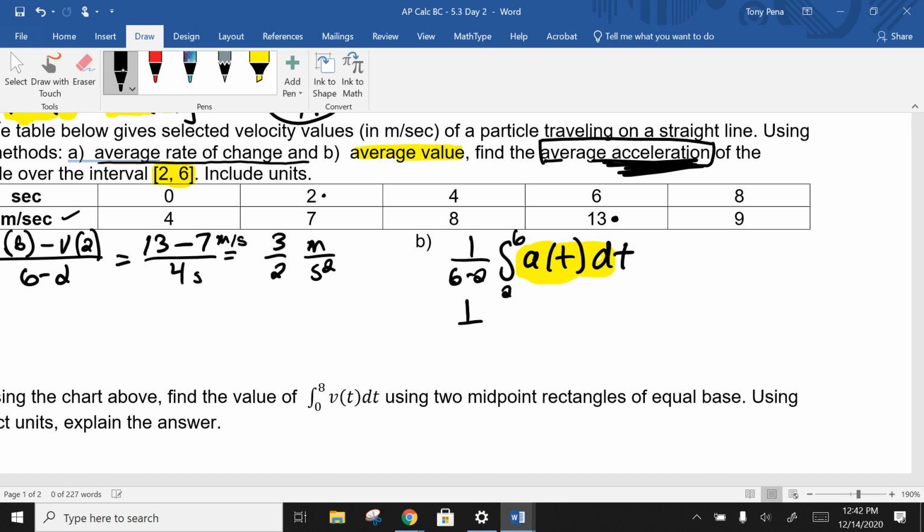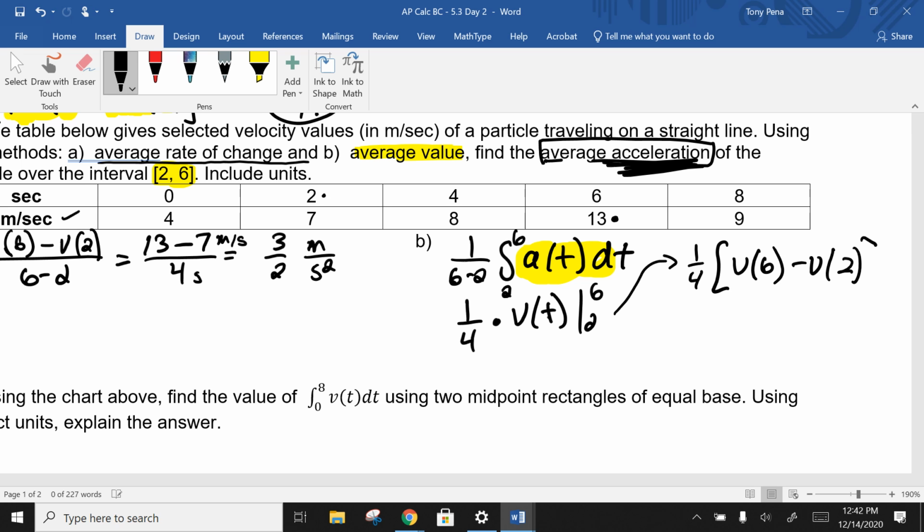So now, do the same thing we did at the top. We don't have an actual acceleration function, but we do know if I do the antiderivative of a of t, that should bring me up to v of t. And then we evaluate that from 2 to 6. And then we would plug in our upper limit, subtract our lower limit. Aren't we at this step essentially doing the exact same thing that we did in the previous step?